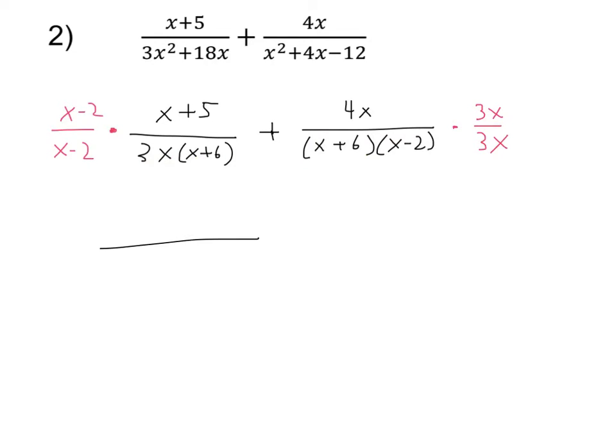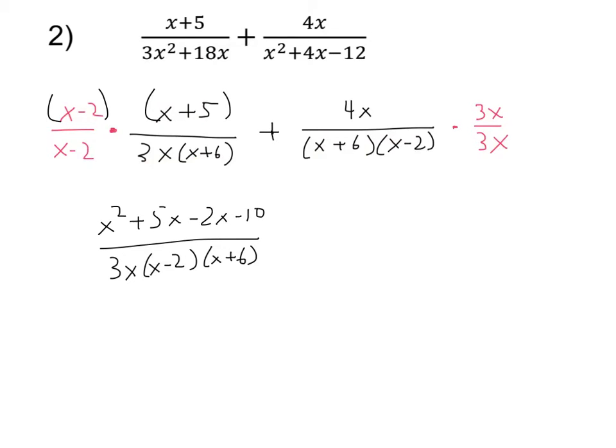Okay, so now our denominator is 3x times x minus 2 times x plus 6. If you multiply these two, you probably want to put these in parentheses, then you should have x squared plus 5x minus 2x minus 10.